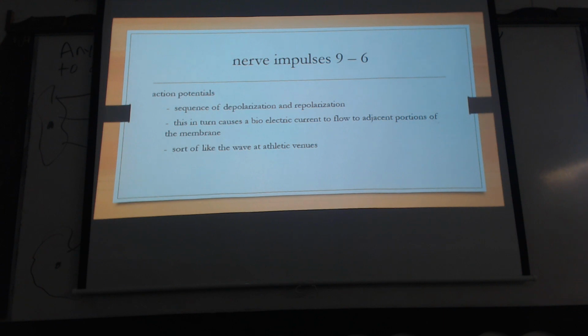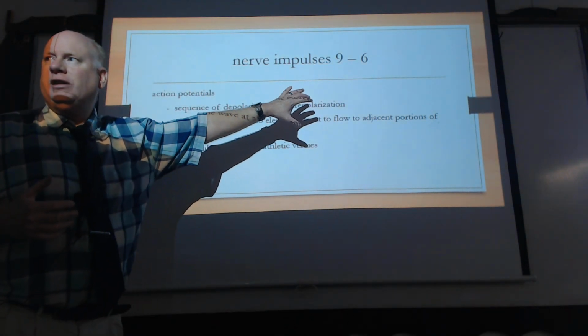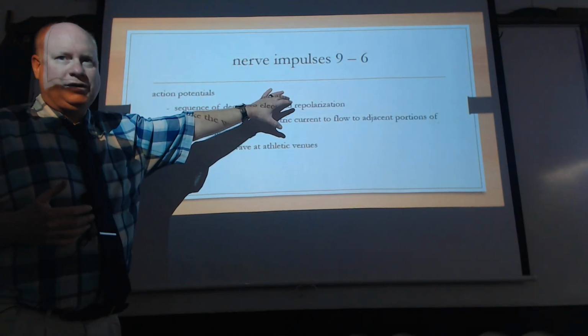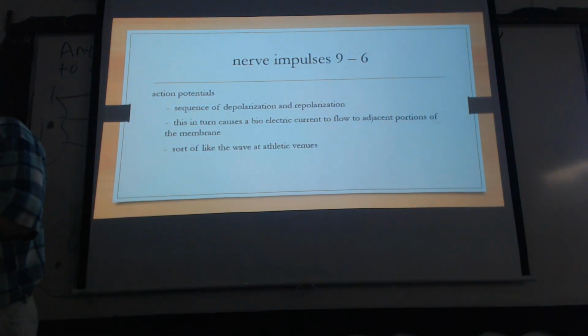Okay, so what we see here, this bioelectric current, is something that you actually learned last year and 2 years ago in biology. So how do materials get into and out of cells? There's 4 processes. What's one? Starts with a D. Diffusion's one.